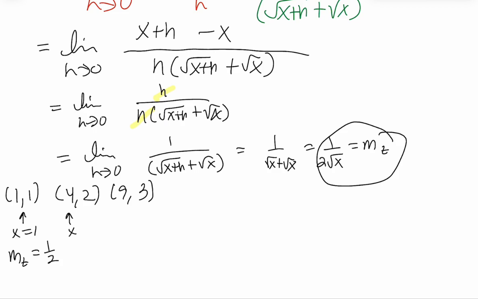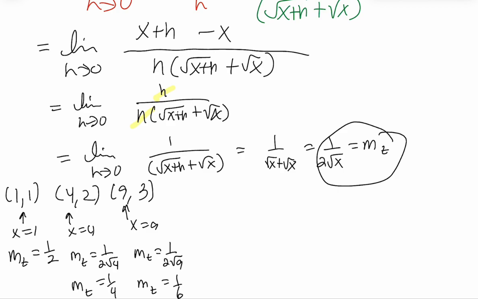When our x is 4, our slope is 1 over 2 times the square root of 4. The square root of 4 is 2, so that's 1/4. When x is 9, the slope is 1 over 2 times the square root of 9, which is 1/6.